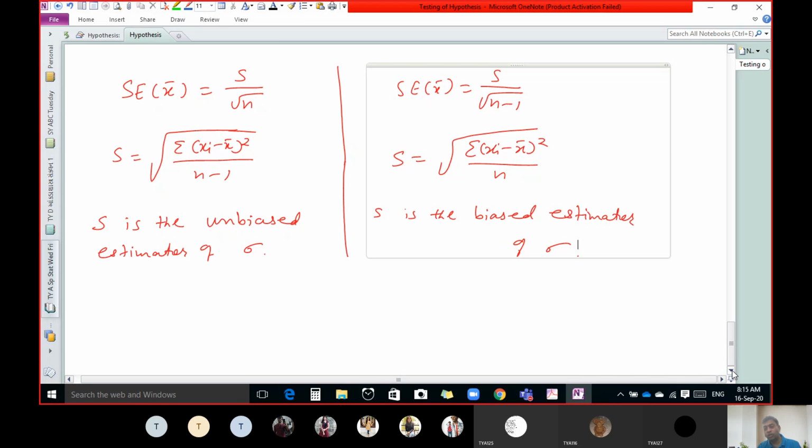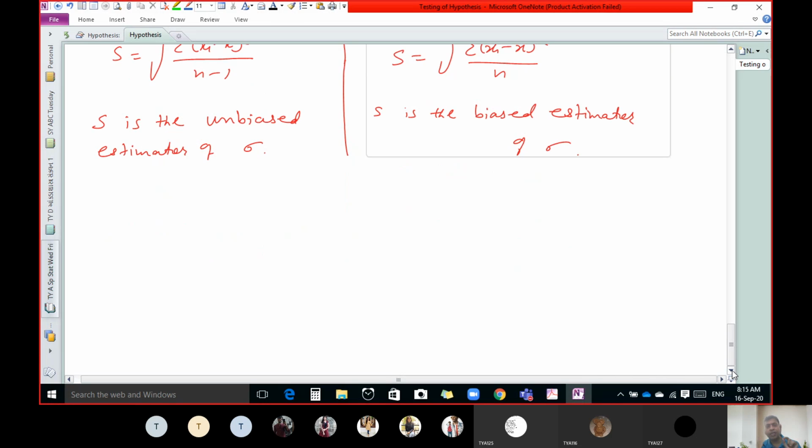If you want to study bias and unbiasedness in detail, you require another topic known as theory of estimation, which is beyond our syllabus right now. So just learn this, and from now onwards we are using this second formula for standard error.